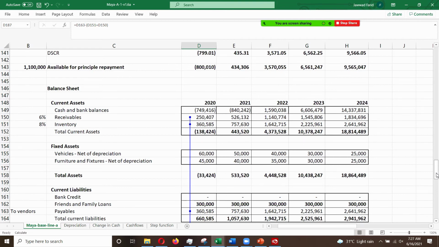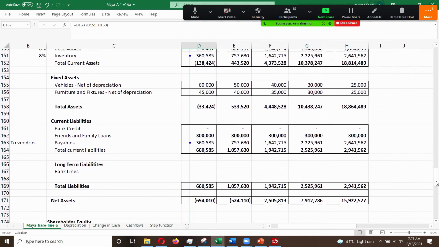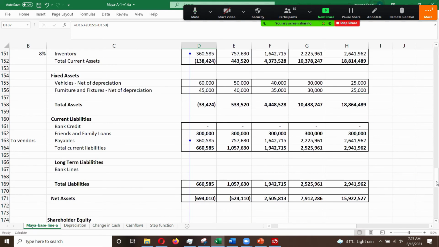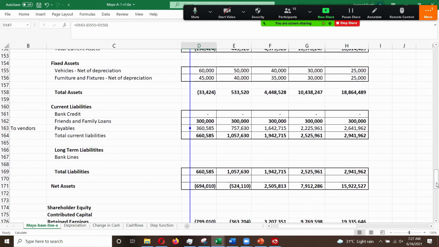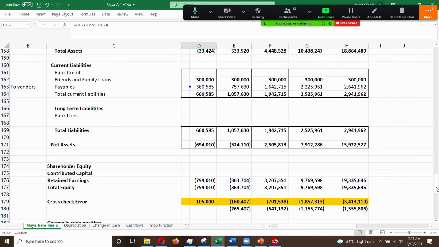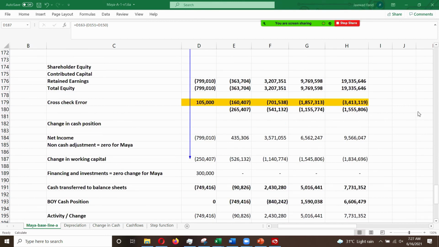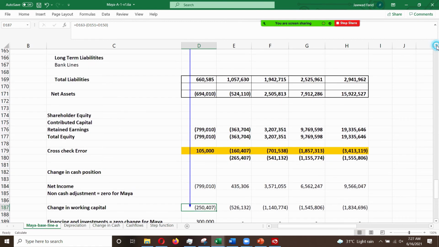So we've got our receivables, we've got our inventory, depreciation is flat, bank credit is flat, friend and family loan is flat, payables are growing at a certain rate and they've been captured, total liabilities are there correctly. So take a look at your fixed assets. If you look at your fixed assets, what's happening in your fixed assets? Are you buying and selling anything?